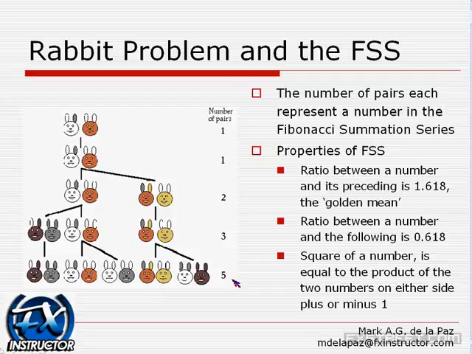If you examine the FSS, another peculiarity of these series of numbers is that the square of any number is equal to the product of the 2 numbers on either side plus or minus 1.